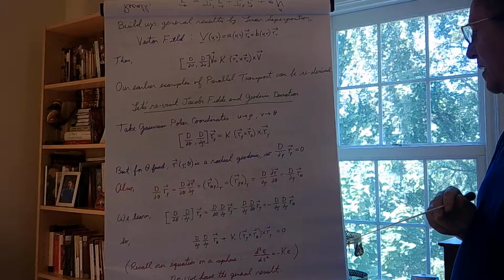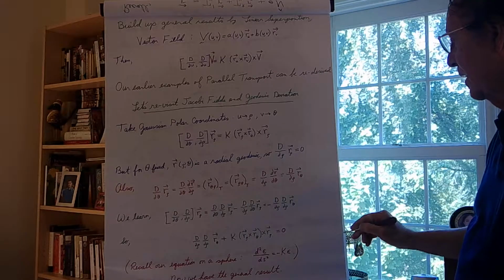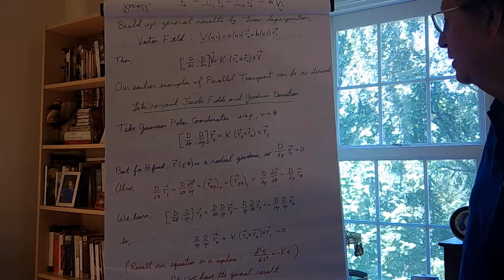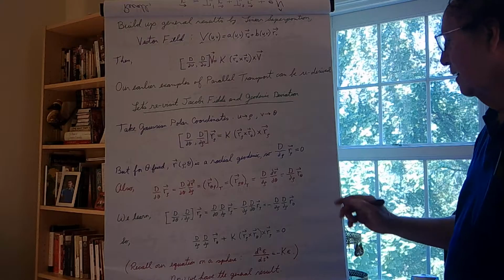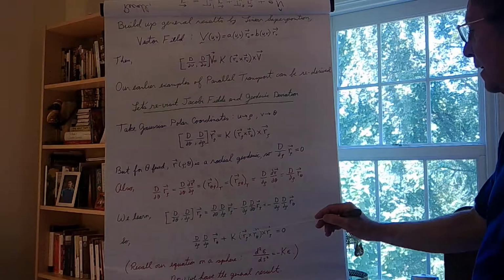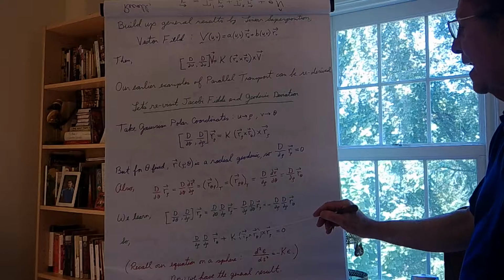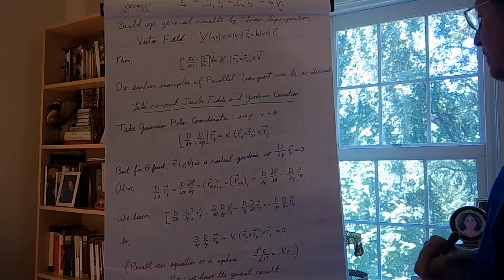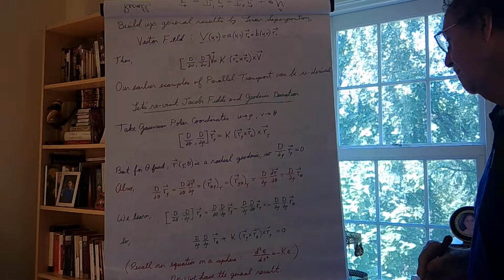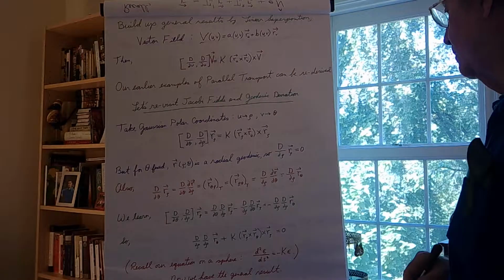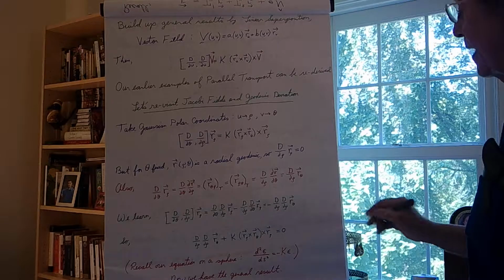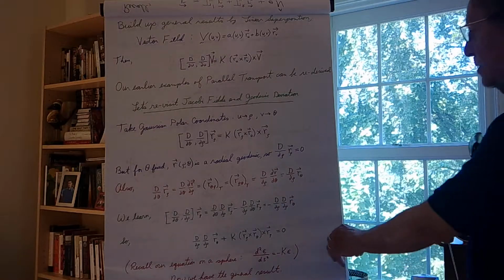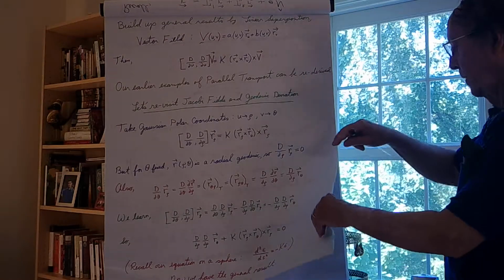R sub theta is like epsilon, the distance between the geodesics, and the result is that k makes the second derivative non-zero, and then I get some geometry to show the direction of the deviation. This is now our general result, and that's called a Jacobi equation.